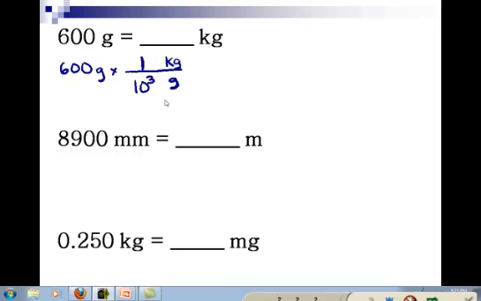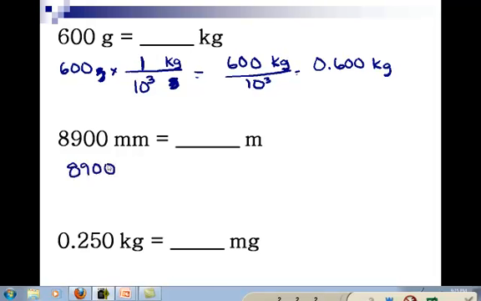Go back to your paper and look at it. So this becomes 600, my grams cancel out, 600 kilograms divided by 10 to the third. And if I divide 600 by 1,000, it becomes 0.600 kilograms.